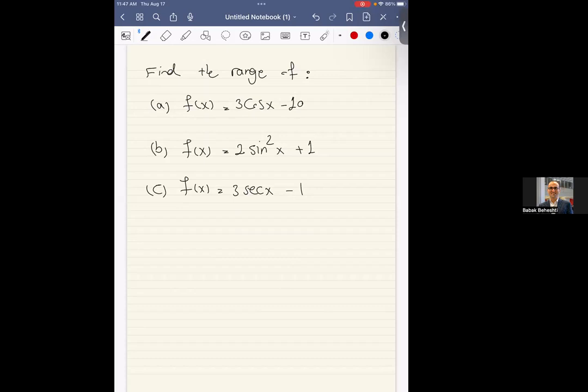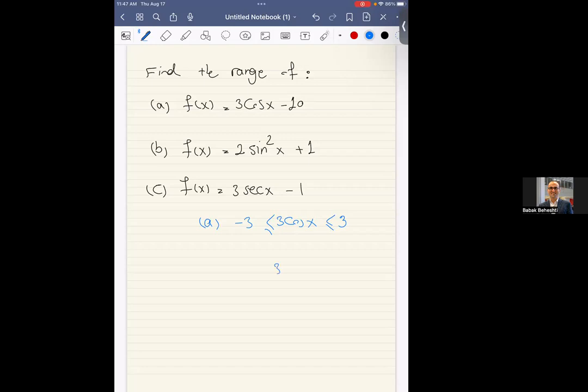Right? So 3 cosine x is between 3 and -3. Now you add -10 to this side.